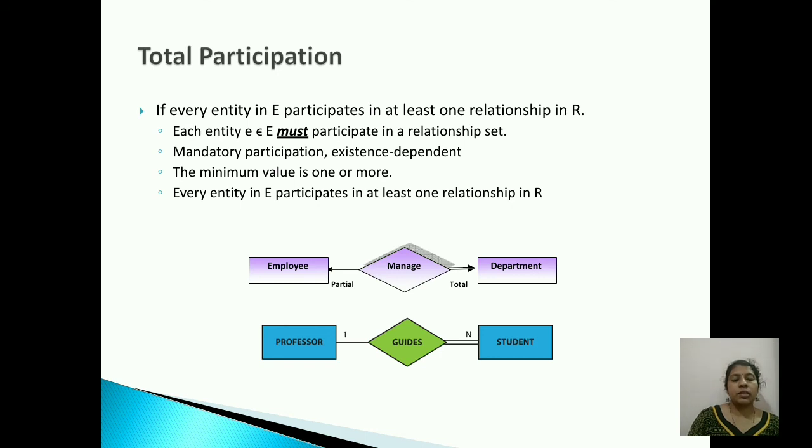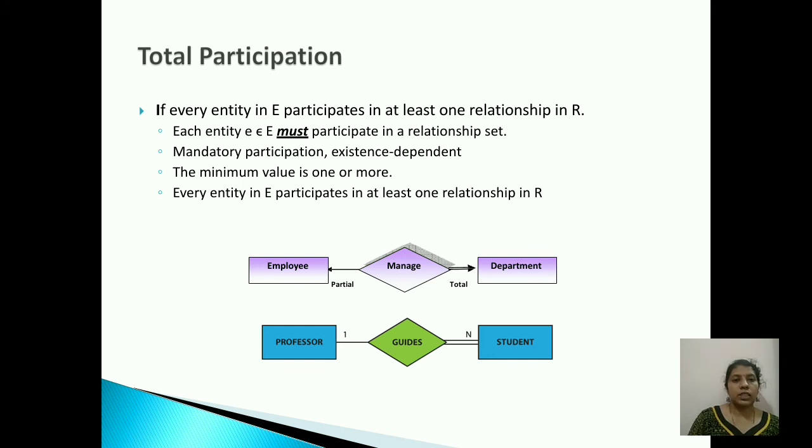And for the student, each student must have a guide. If I say you have to submit your final year project, then for your project you must have a guide. So the student is totally participating in the relationship guides. That is the difference between partial and total.